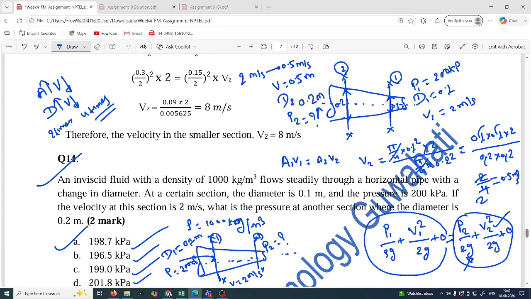So P1 is given 200 kilopascal, rho g, which is 1000. I'll take g as 10 for the calculation purpose.